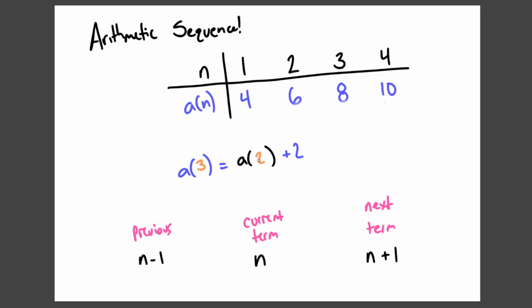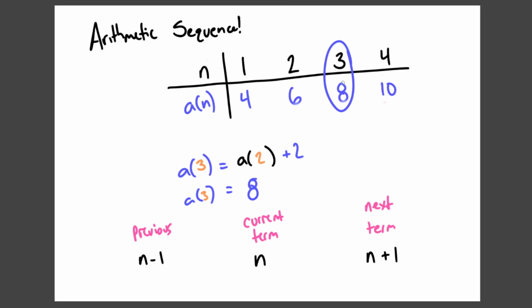So I have term 2 plus 2. Term 2 is 6. So I'm going to have 6 plus 2 is equal to a of 3. 6 plus 2 simplifies to 8, which means my third term is equal to 8.